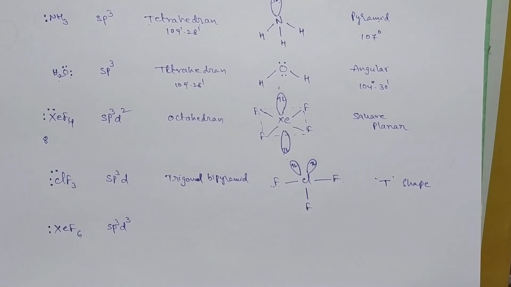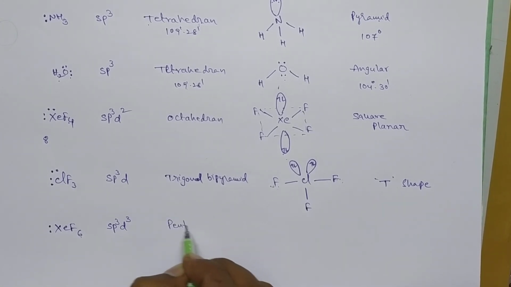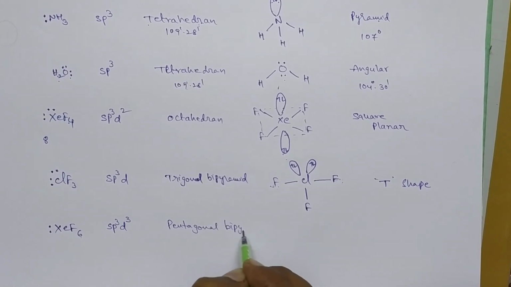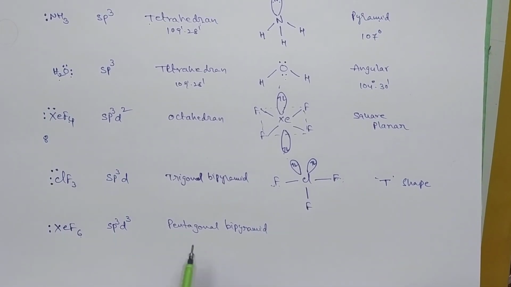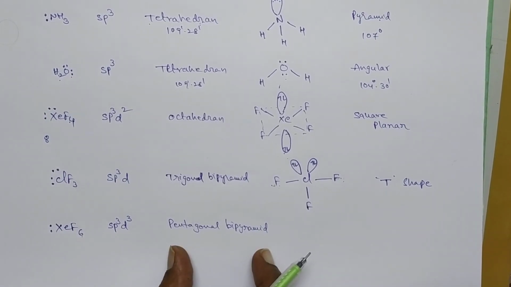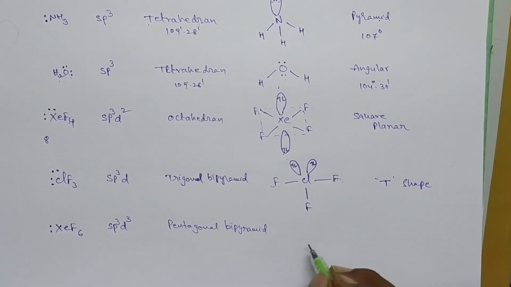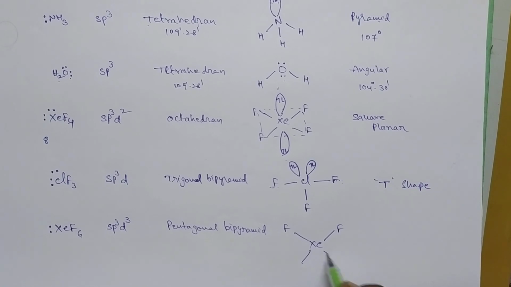For sp3d3 hybridization, the structure should be pentagonal bipyramidal, but it changes from this pentagonal bipyramidal structure to a more stable structure, like this. Xenon is present at the center and 6 fluorines are present at the 6 corners of an octahedron.